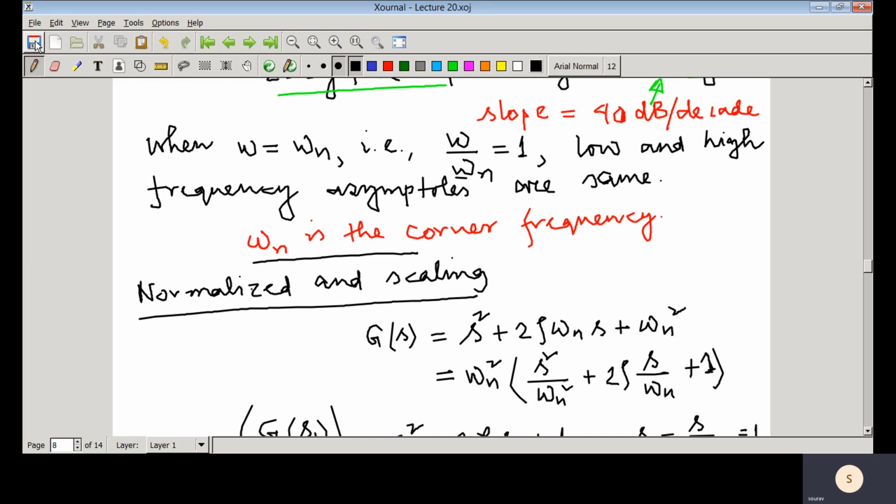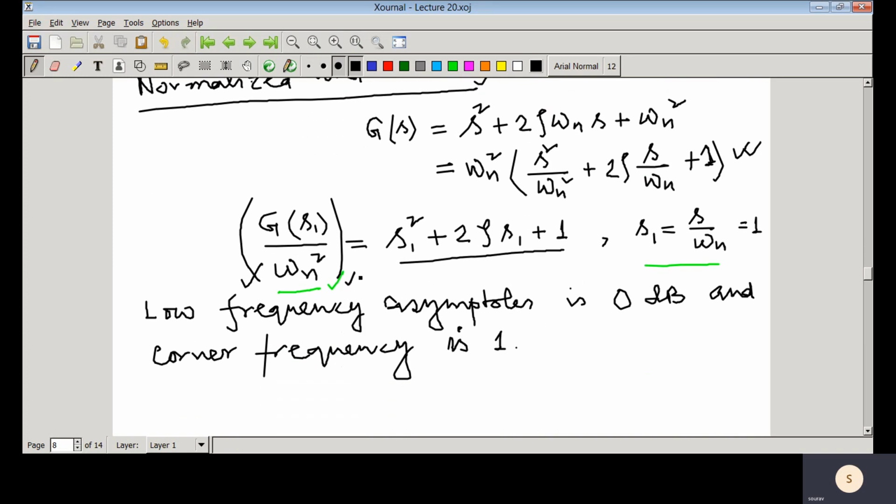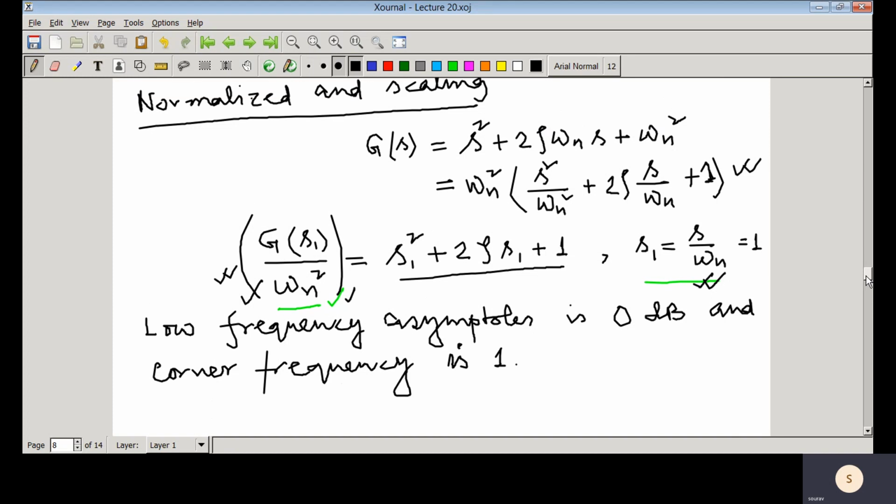So if we have a second order factor, we can also represent it in this form: if we divide it by omega n square and define s1 equal to s by omega n, this is the scaling and this is the normalization, then we have the asymptote, which is 0 in the low frequency range, and the corner frequency is 1. So this is the second order factor represented in normalized and scaling form.